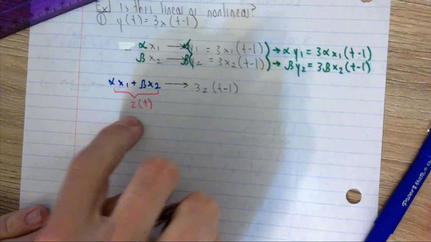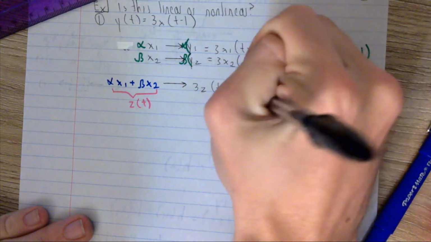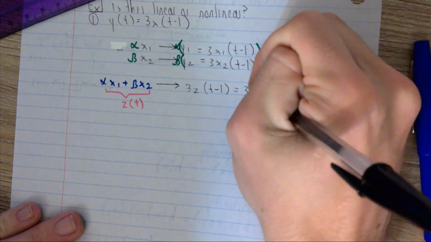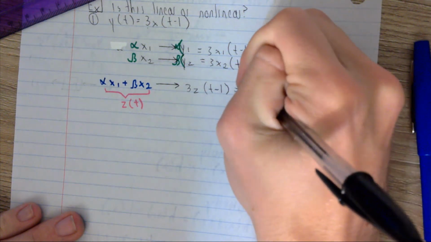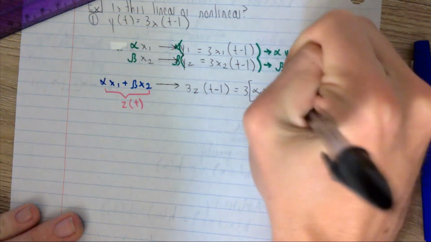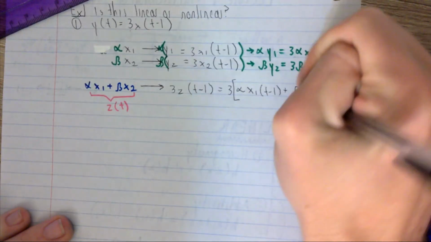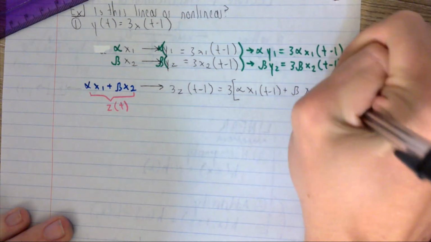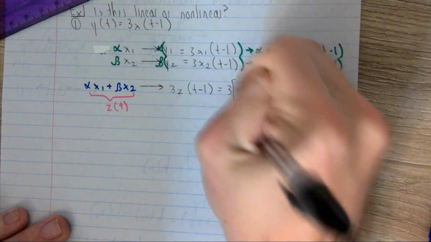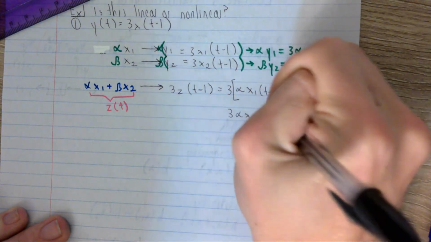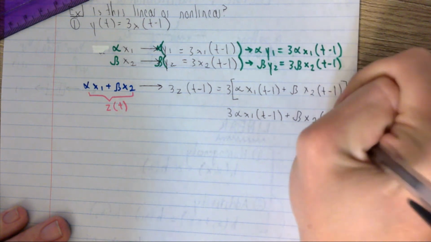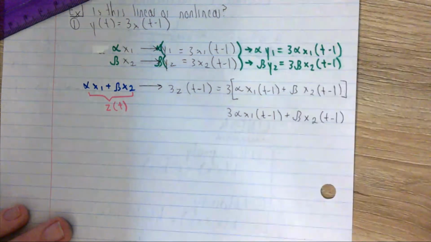So that's going to be 3 times alpha x1(t minus 1) plus beta x2(t minus 1). Distributing the 3, that's 3 alpha x1(t minus 1) plus 3 beta x2(t minus 1). And that's what it's equal to here.